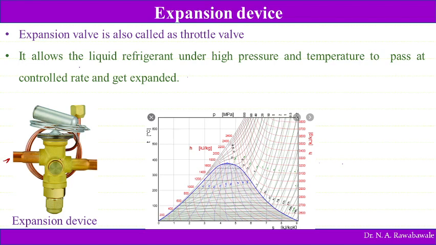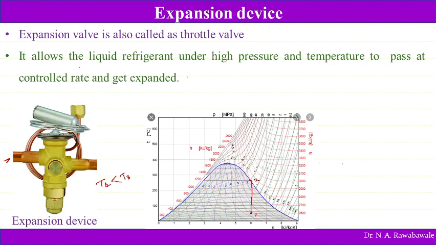Suddenly the expansion takes place, and due to expansion the pressure and temperature of the refrigerant fall, such that the temperature of the refrigerant coming out of this expansion device is lower than the temperature of the space to be cooled. So here the affinity of the refrigerant to absorb heat energy at lower temperature increases. Initially we have shown process 1 to 2 by a vertical line, that is the compression process.